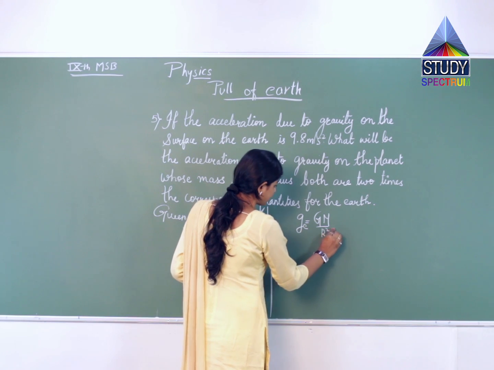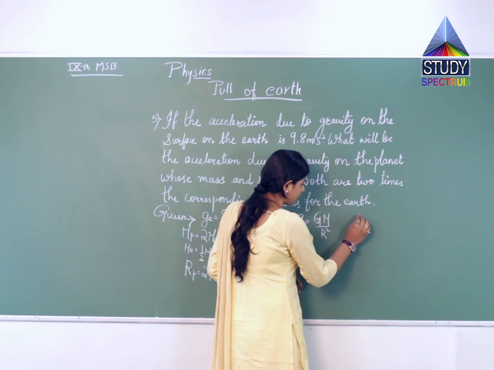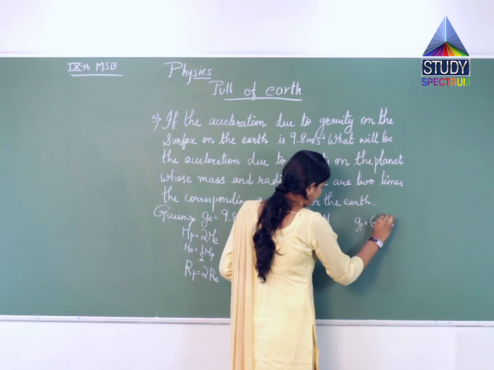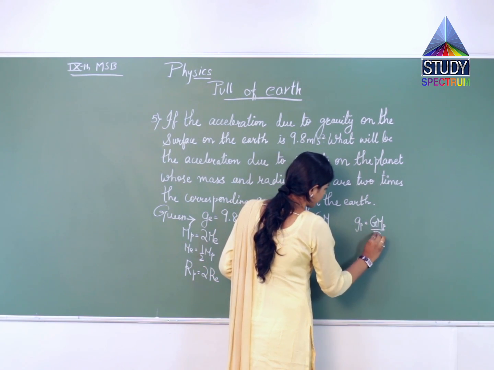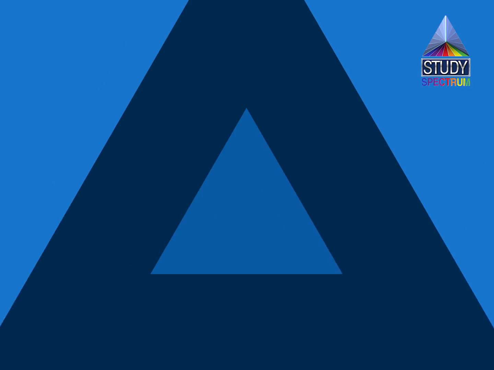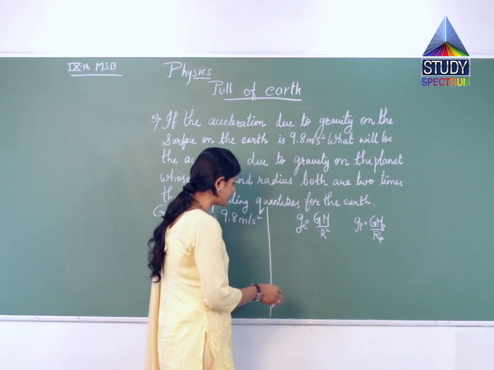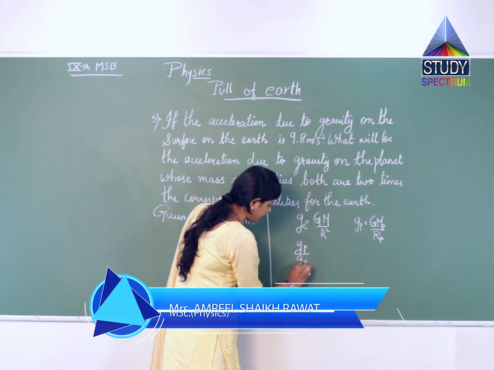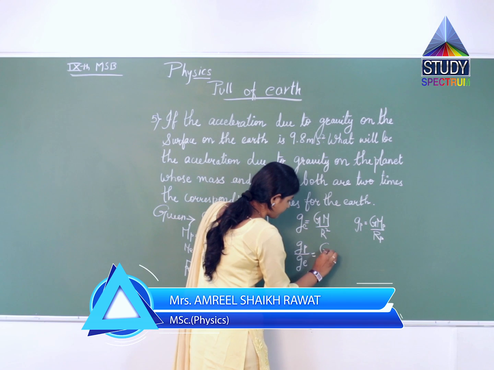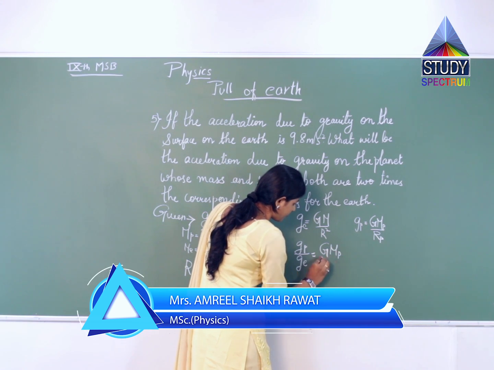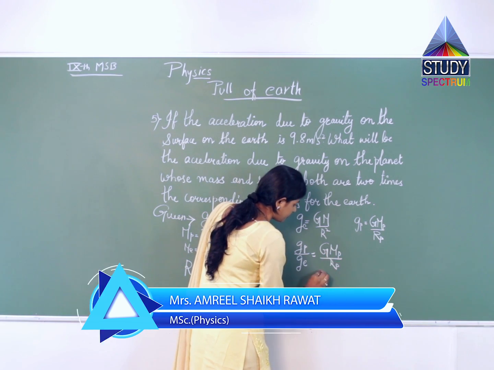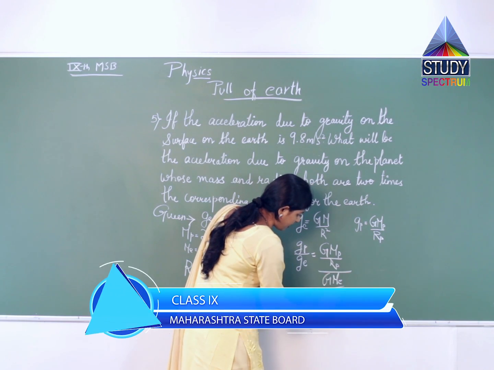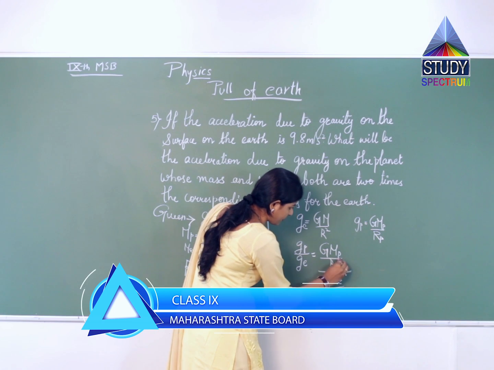This is for the earth, and for the other planet, g_p will be G m_p upon r_p square. If we take the ratio of both, that is g_p upon g_e, it will be G m_p upon r_p square divided by G m_e upon r_e square.